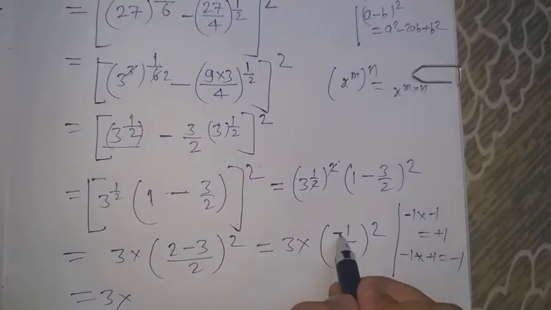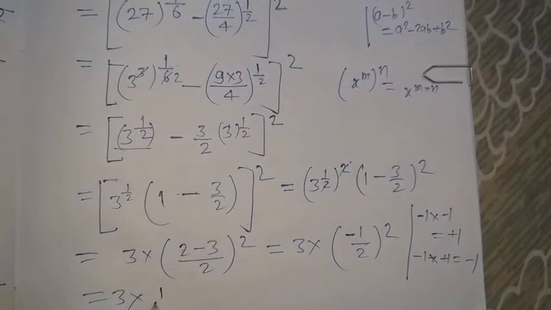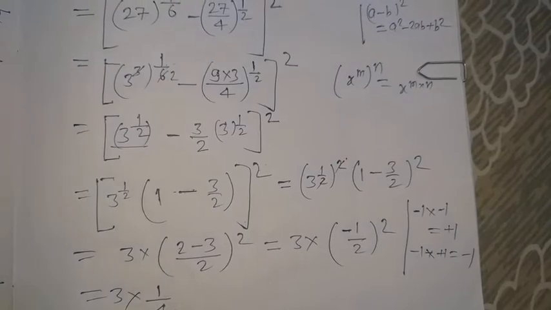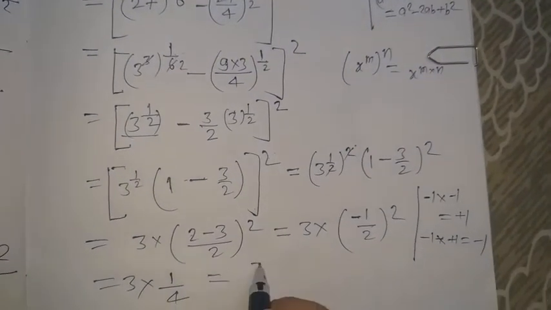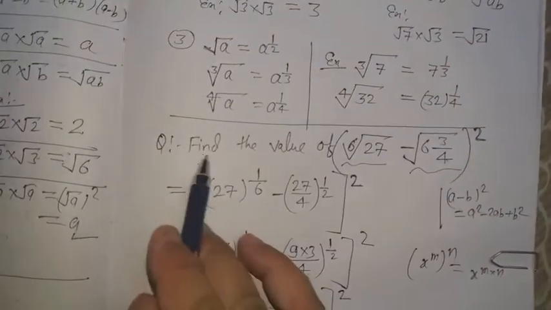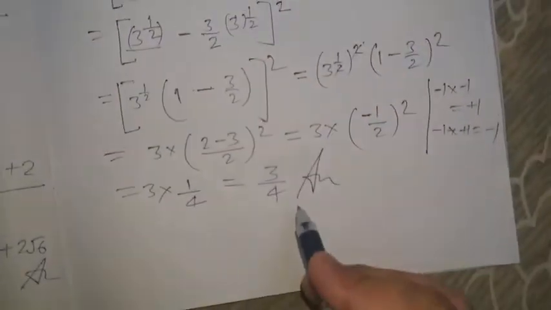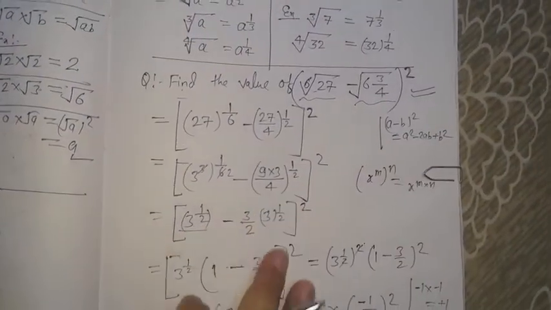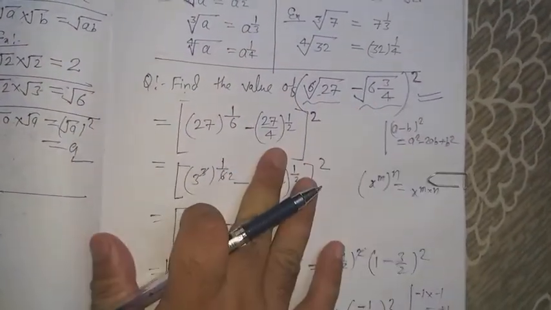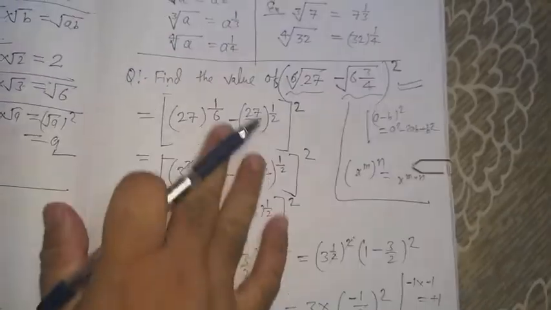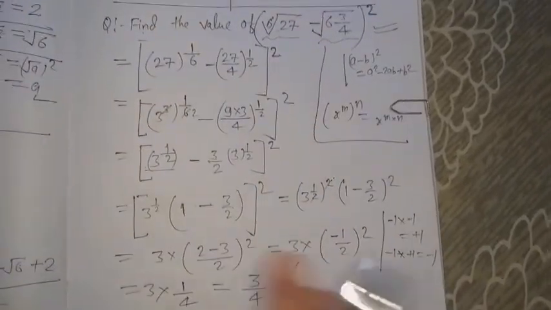So here minus 1 into minus 1, that is 1, and 2 to the power 2 square is 4. So what comes? 3 upon 4 is the answer. So the value of this is 3 upon 4. So now you can see here the concept of root and the concept of exponent both have been used in this question.